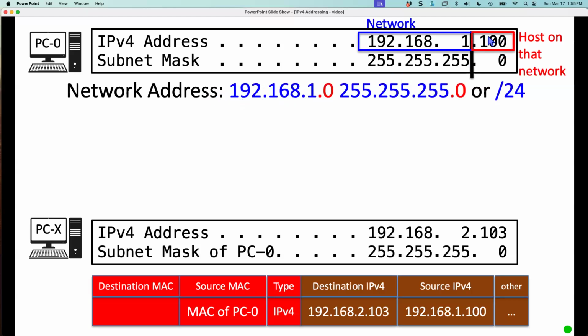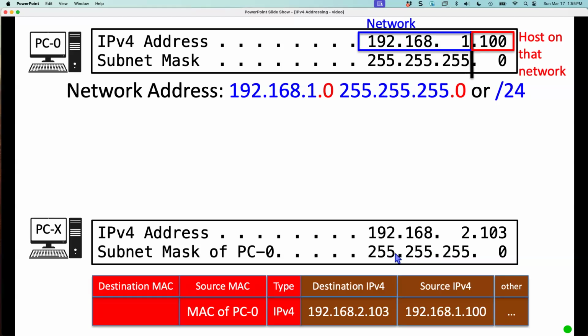When I put all zeros in the host portion, that would be my network address. I know that the first 24 bits identify the network portion of the address. So let me look at you, destination IPv4 address 192.168.2.103. I'm assuming that if we are on the same network, you better be using the same mask as me.